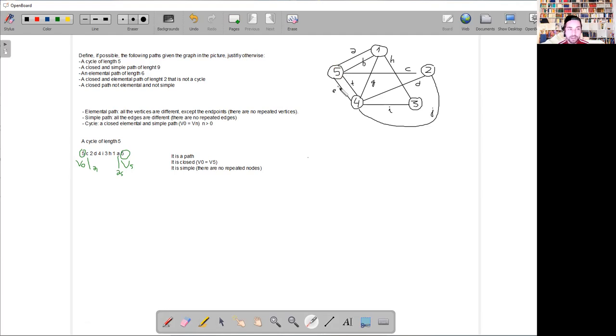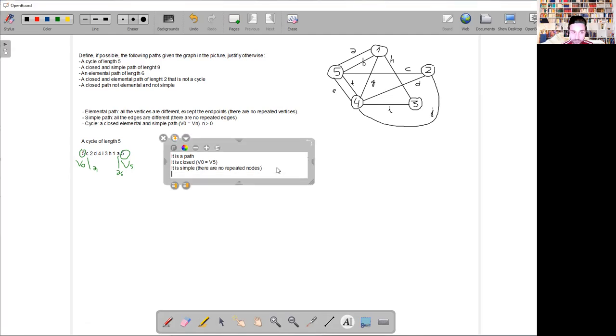We don't repeat any node. Cycle. So it has to be elemental. Sorry. For simple, it is the edges, what is not repeated.